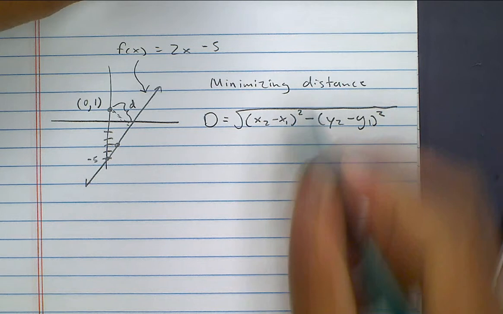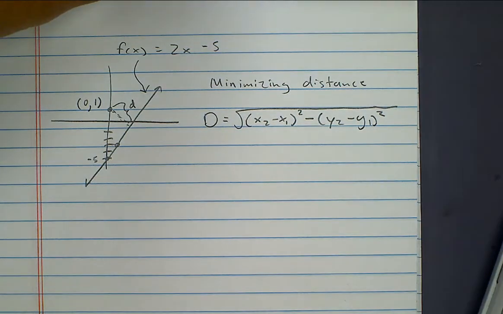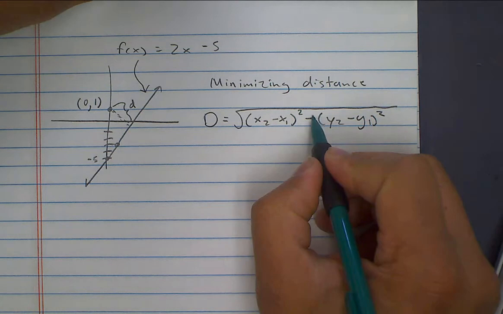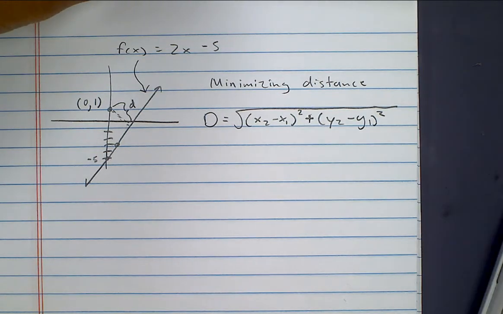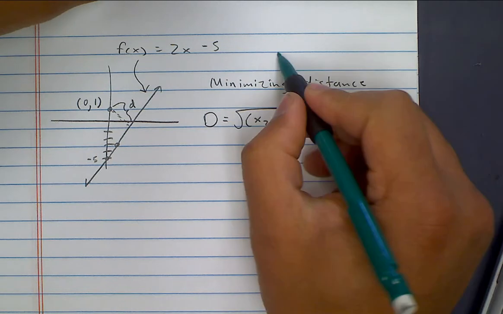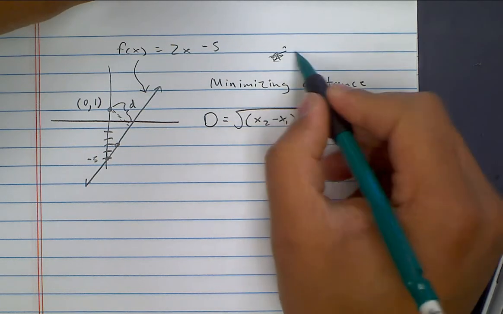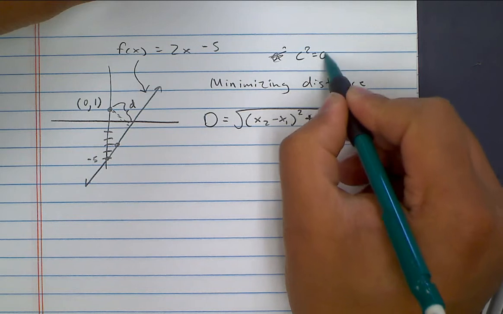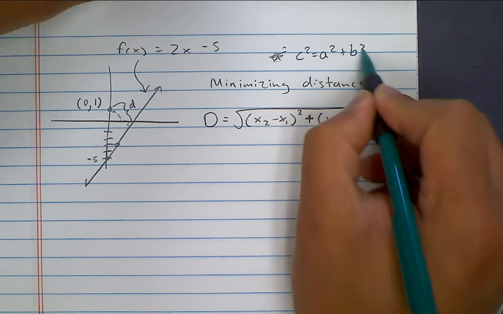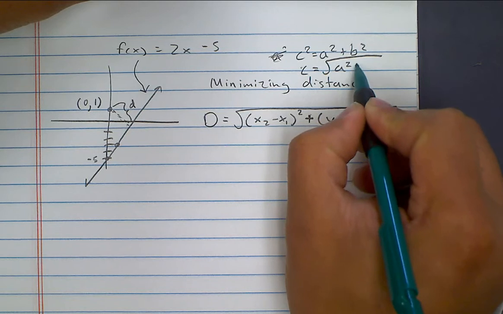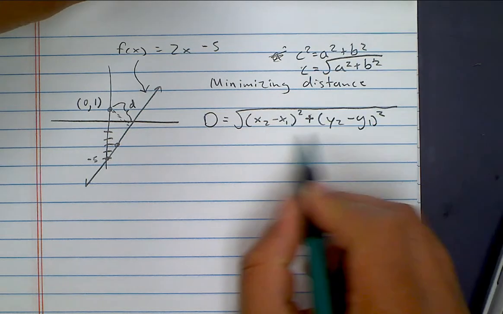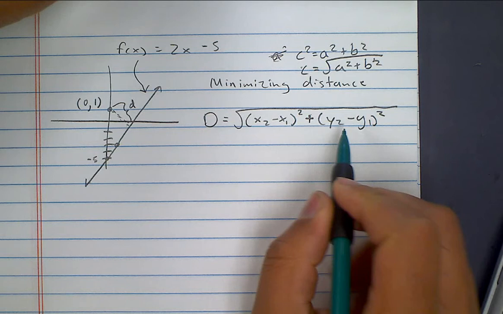It's basically the reverse of the Pythagorean theorem: c squared equals a squared plus b squared, so c is the square root of a squared plus b squared. A and b just happen to be the difference in the x's and the difference in the y's.